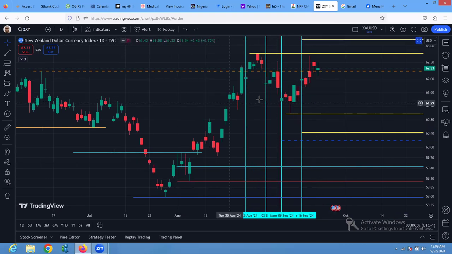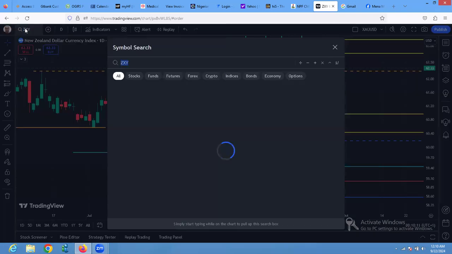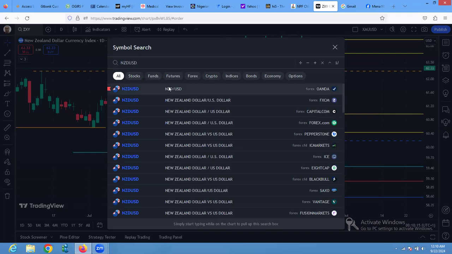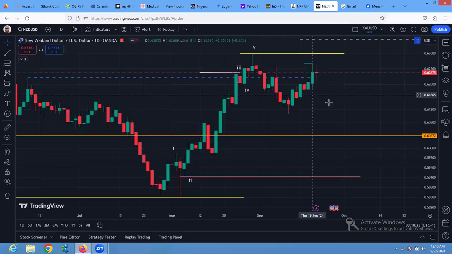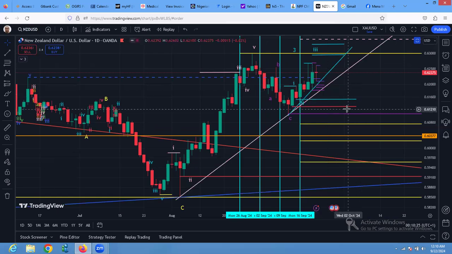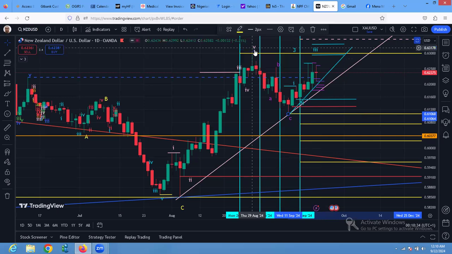Look for an exit and try to sell from here if you can get a trade setup to sell from here. So with the understanding of what we saw on the NZD USD, the New Zealand index, let's go to NZD USD and deploy that. So with that understanding, what we see now is that this is not playing out anymore.